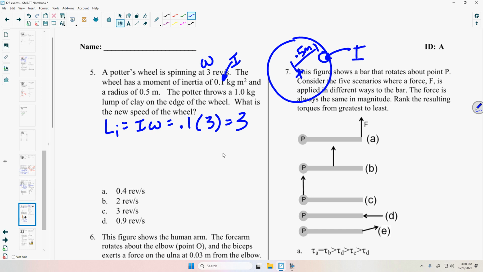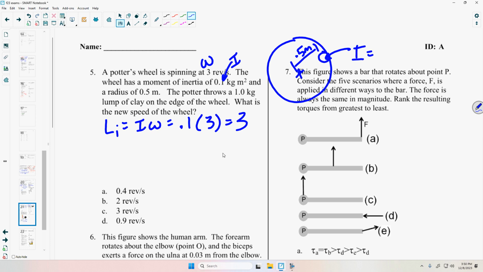So the question is, how do I deal with this lump of clay? Well, I just consider it a particle. A great way to discern whether an object is one of those shapes on the table or just a particle is to ask yourself, where is the axis of rotation? If the axis of rotation is inside of the body, then you treat it like one of the shapes on the table.